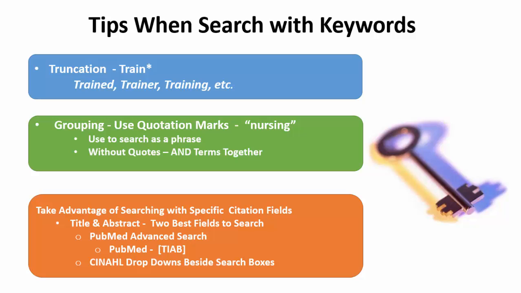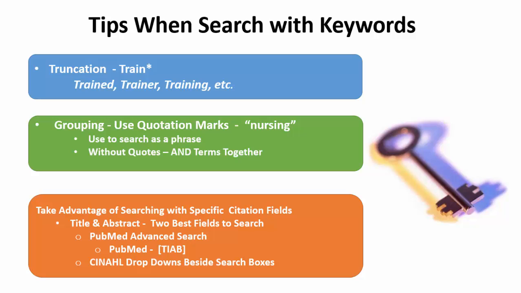In PubMed, you would do this by using the advanced search feature, which I'll show you, or you could use a tag of TIAB, which you see just below that. In each case, you're able to force the database, PubMed in this instance, to search for the title or abstract, either by using the drop-down menu in advanced search or by putting this tag beside the term. CINAHL also has drop-down boxes that allow you to do the same thing, right beside the search box that you would place a term in.